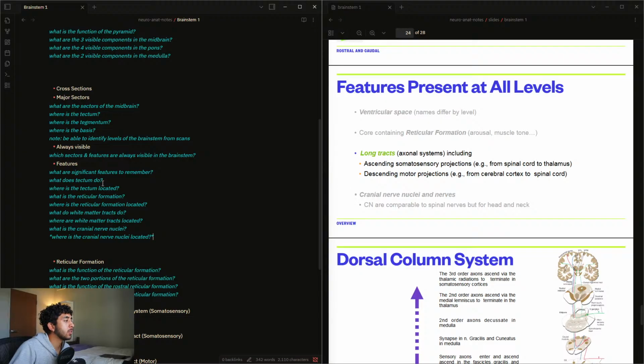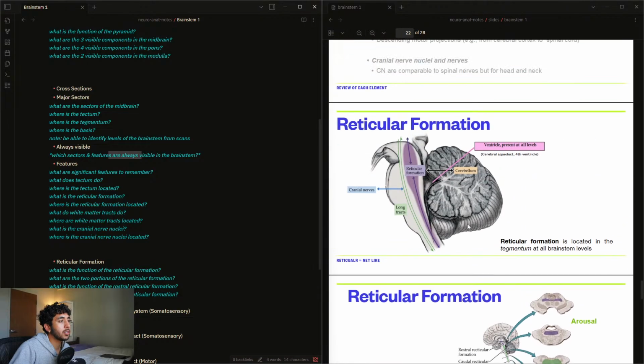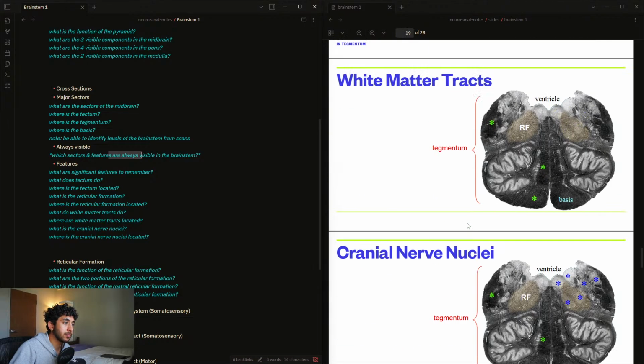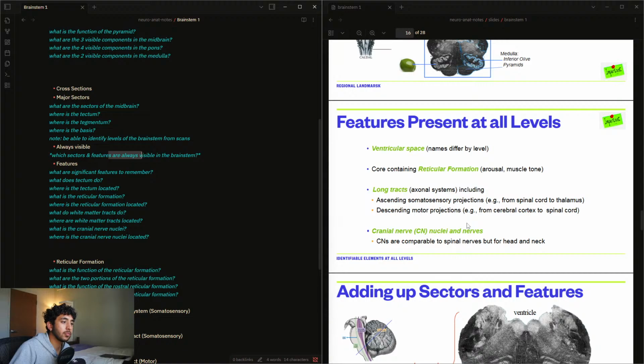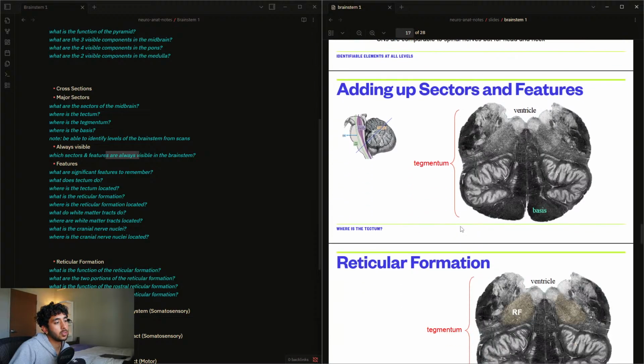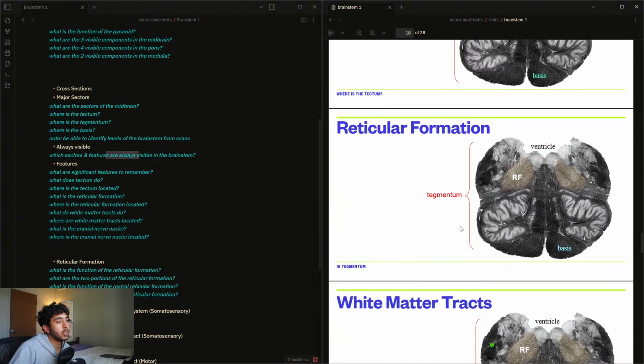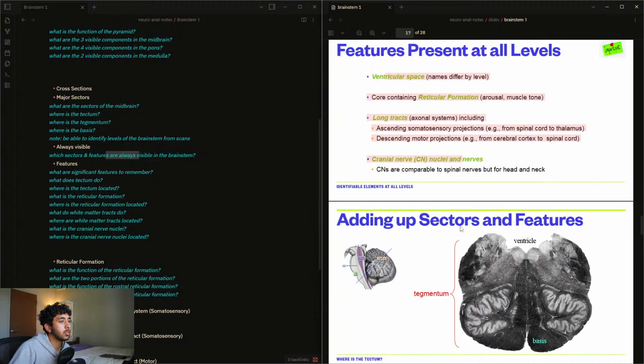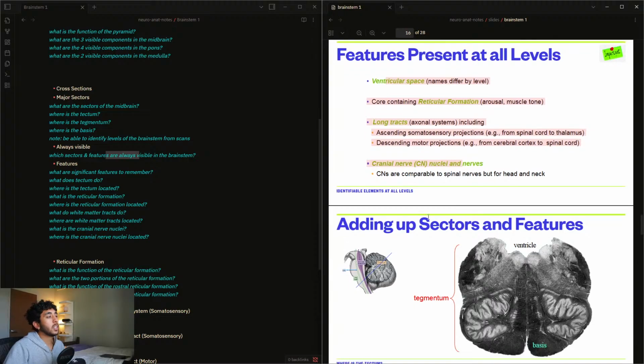So I need to remember, sectors are different than features. So these are features. So tectum is a sector, right?